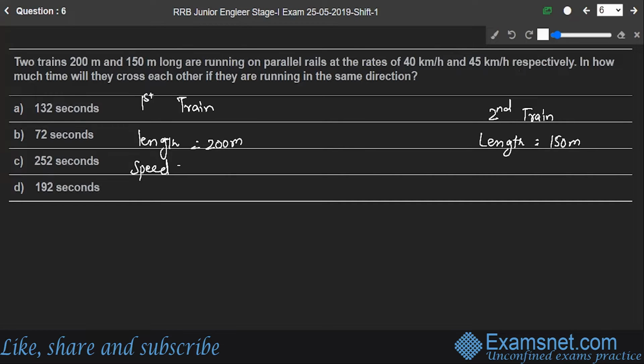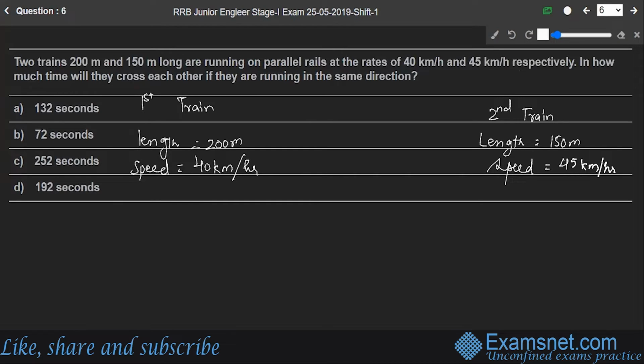Here the speed is 40 kilometers per hour, and in this case the speed is 45 kilometers per hour.